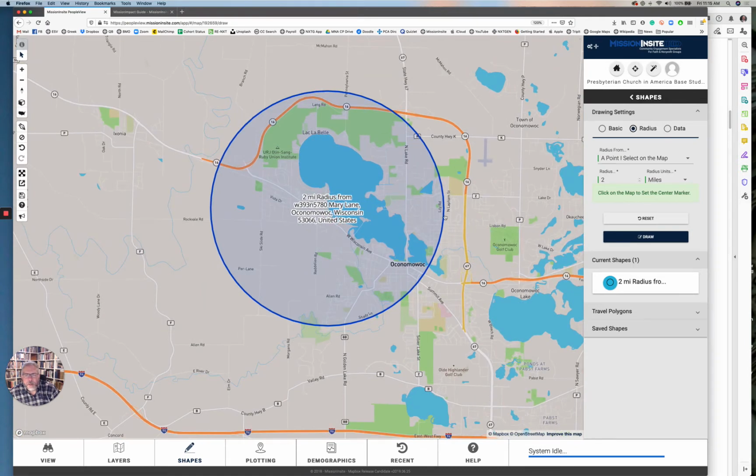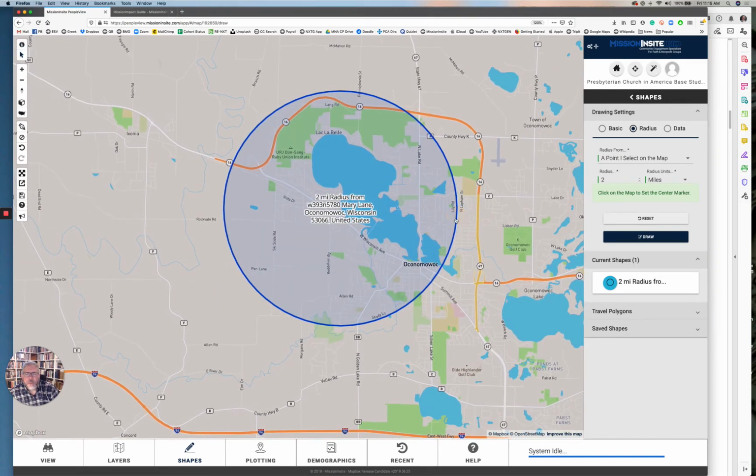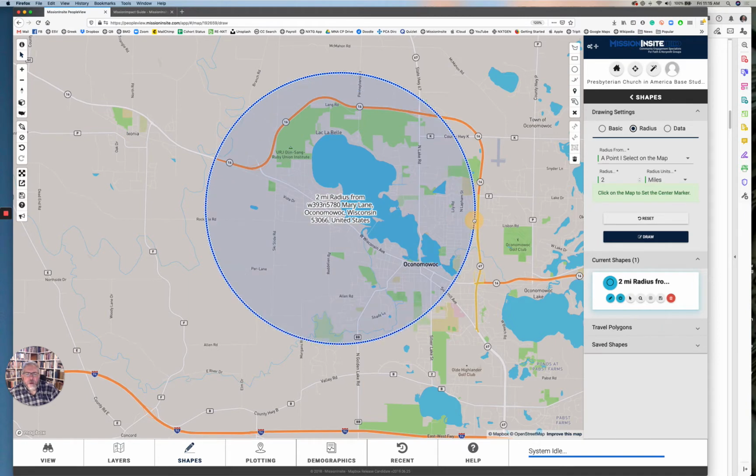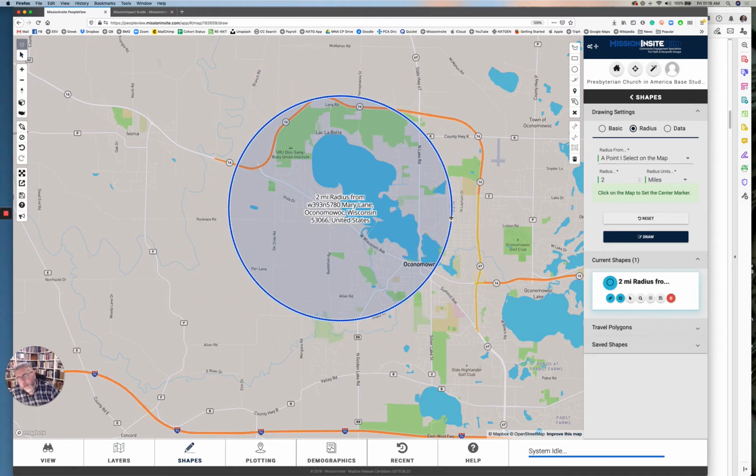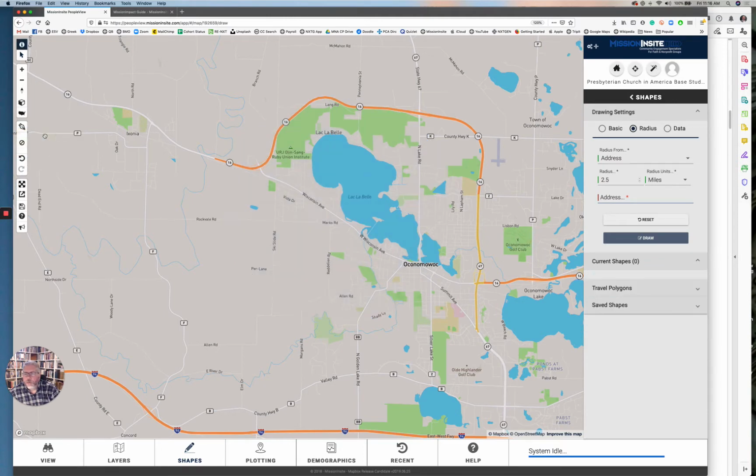You can make it larger or smaller if you want, and just do a quick study with that. It's a great way of doing it, especially if you're doing a larger area and want to get a very basic sense. Now I'm going to go over here and just remove the shape.